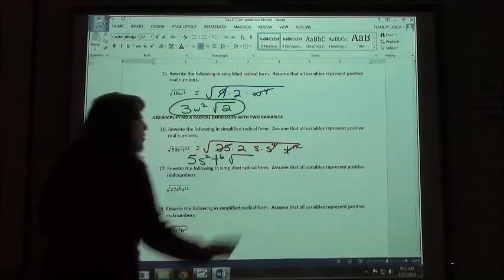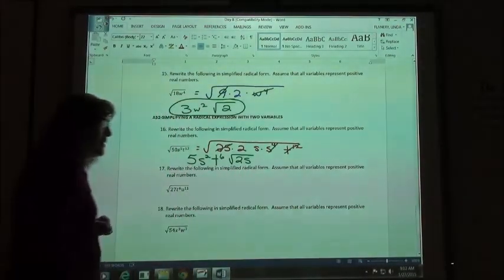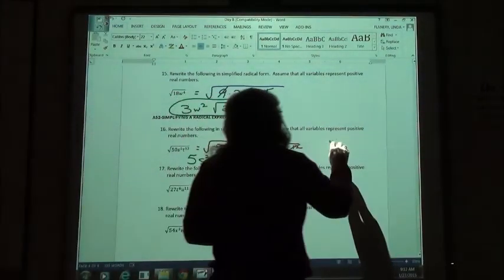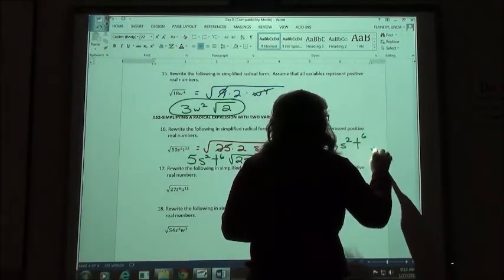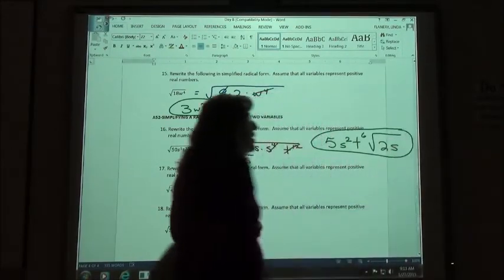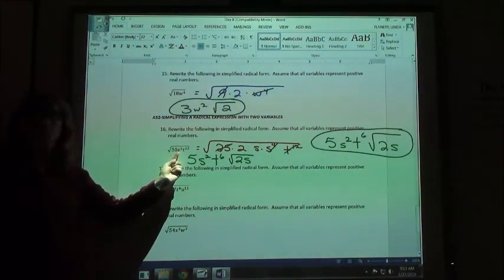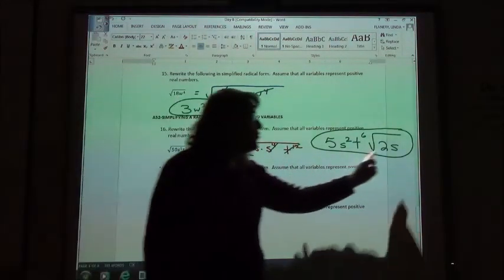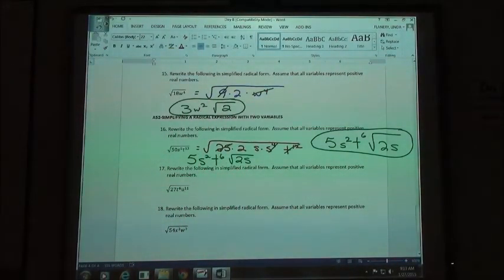Underneath my radical I have a 2 and an s left over. So 5s squared t to the 6th square root of 2s is the answer. Anytime you have an odd exponent, you'll always end up with that extra variable inside because it wasn't a perfect square.